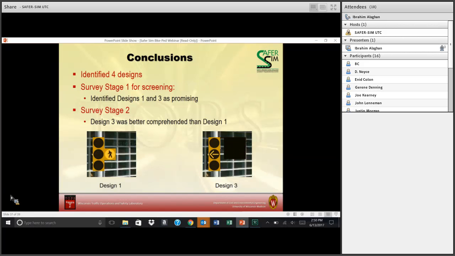In stage two, we asked subjects about the understanding of the meaning of these designs, and we found that although people liked design one more or preferred it more, design three was the most comprehended design compared to design one. So here we have reached the end. If you have any questions, please ask.